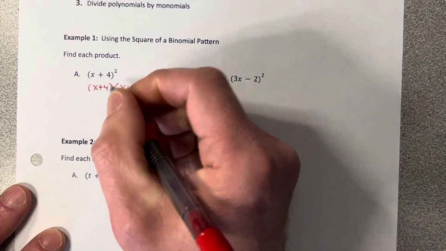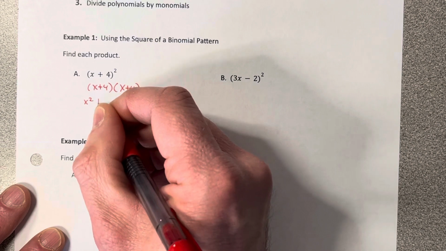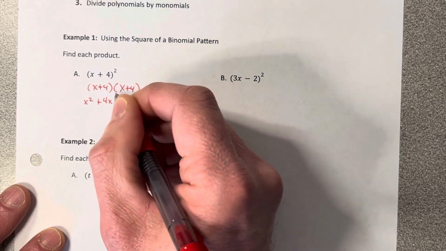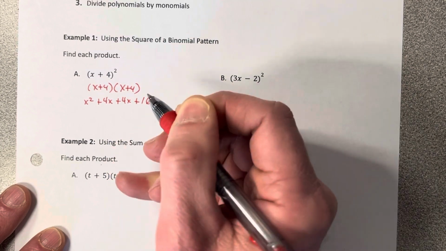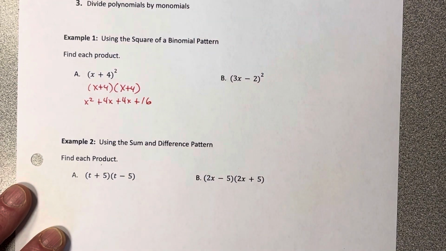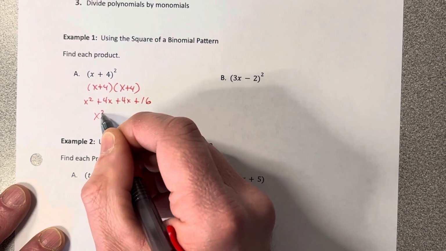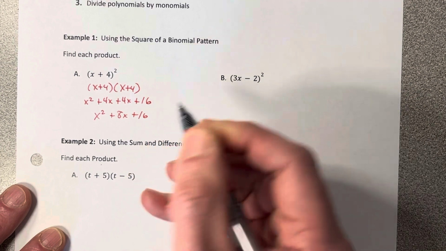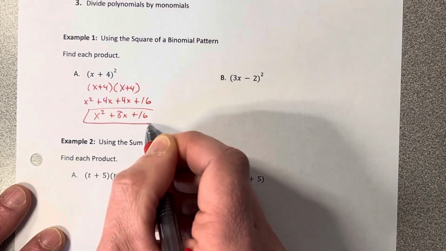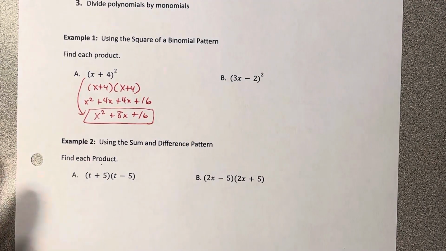And then you can just distribute: x squared plus 4x, and then distribute the 4: plus 4x plus 16. And then you can combine like terms in the middle, and you'll get x squared plus 8x plus 16, and you're done.